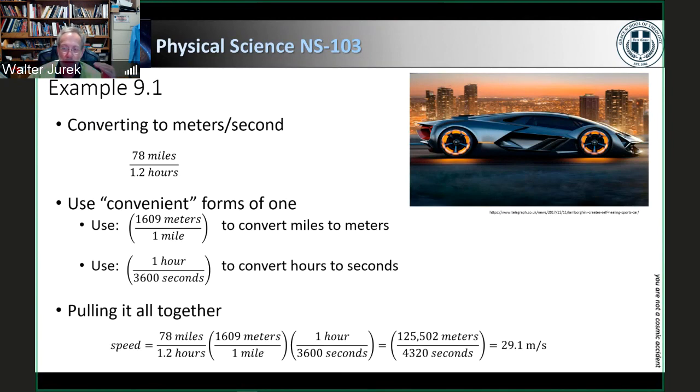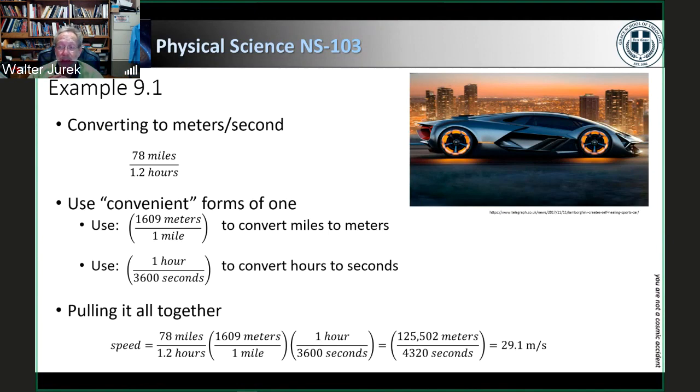Well, since I have a mile on top and a mile on the bottom, those units will actually fall out of the equation. Similarly, I've got hours in the basement, and then I've got that other form of 1 hour, 3,600 seconds. Notice how I have hours in the basement, an hour in the top. Those are going to cancel out.